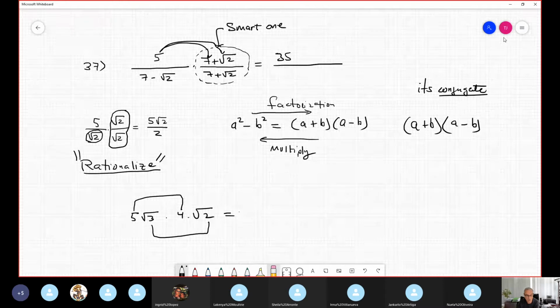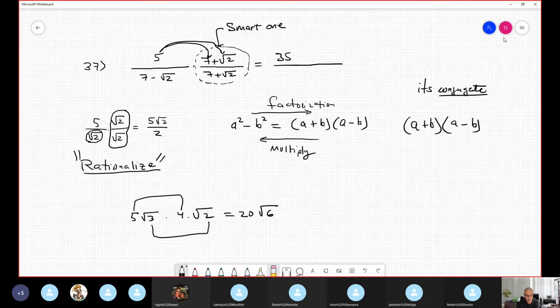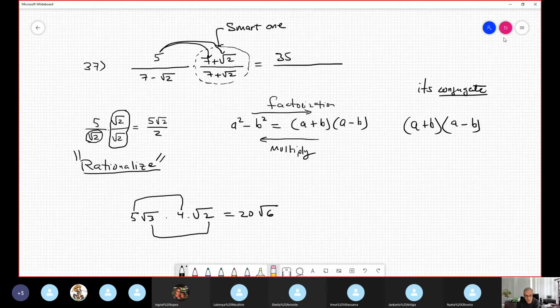So we get 20 radical 6, okay? Because remember, they are different categories. Remember this 5 comes from a couple of 5s inside the radical that go outside as one 5.